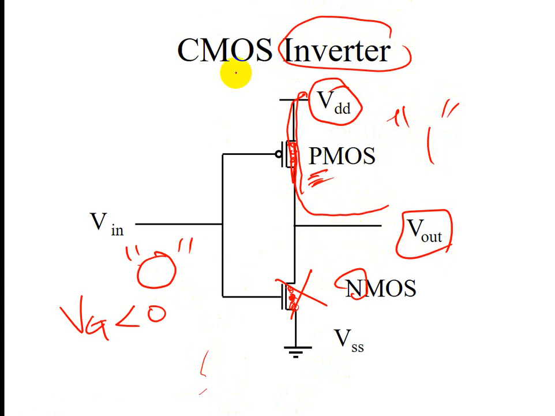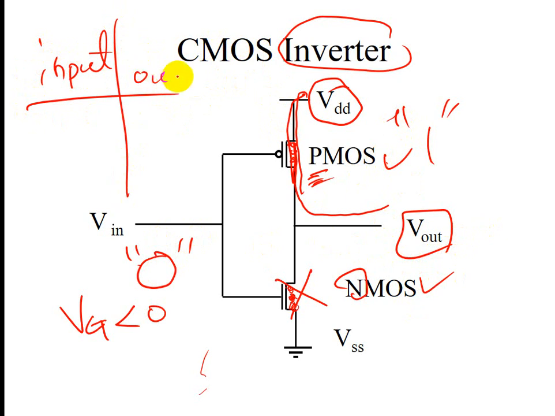So this is the so-called complementary MOS, combining a PMOS and an NMOS. When you input 0, output 1; input 1, output 0.